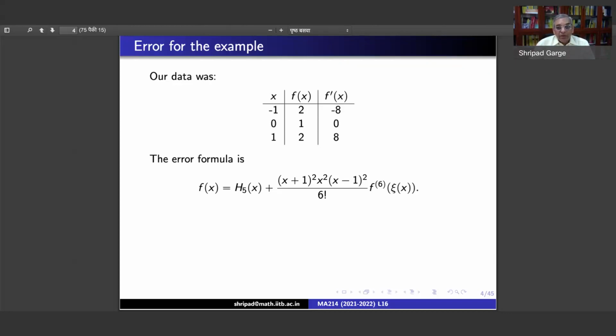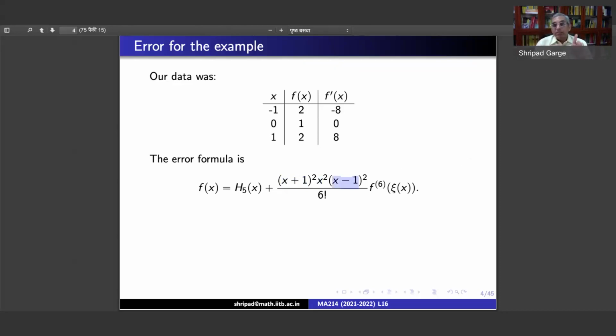Our formula said that you had to take x minus x0 whole square, but x0 is -1, and so you get x plus 1 whole square. The next term will be x square because it is x minus x1 whole square, but x1 is 0. And finally you have x minus x2 whole square, which then becomes x minus 1 whole square.